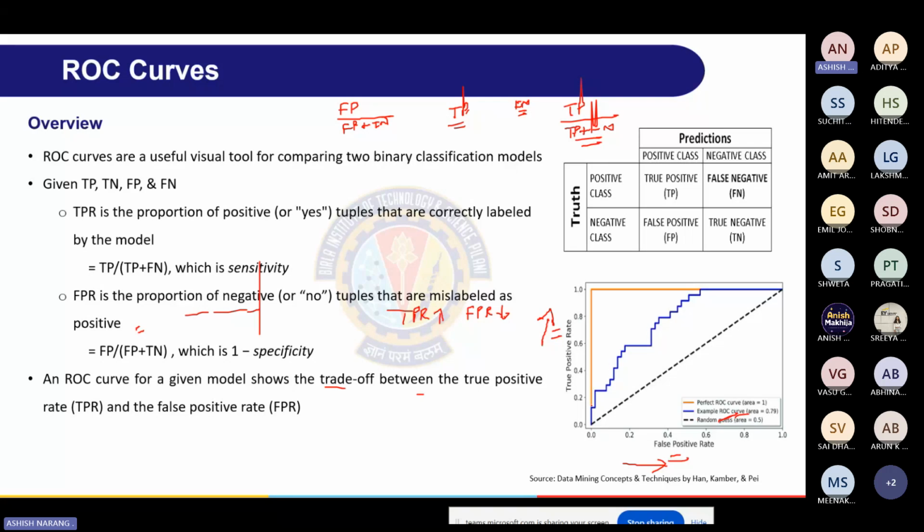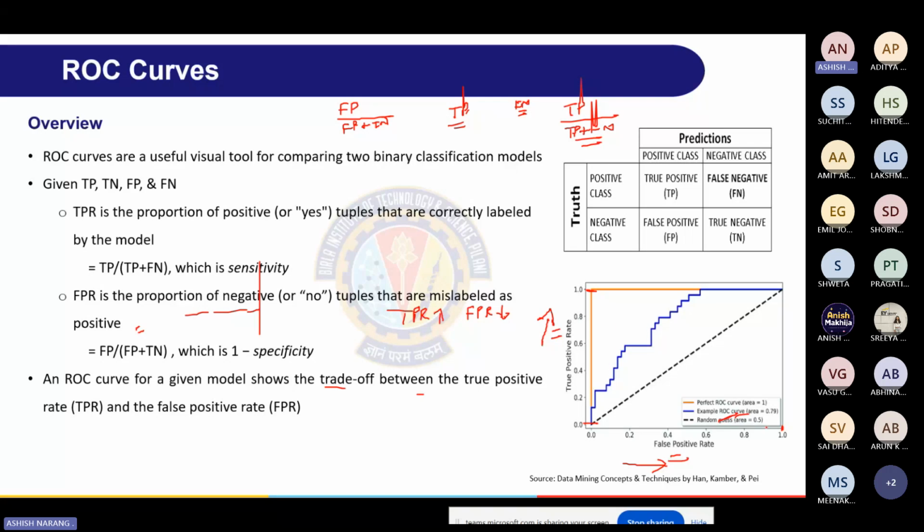What is the scale, from where is it starting? 0. Where is it ending? 1. What is the maximum value of TPR? 1. What is the maximum value of FPR? 1.